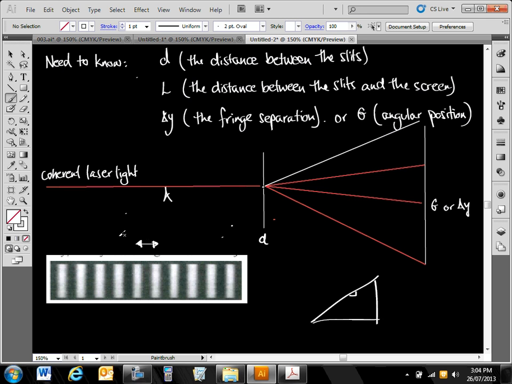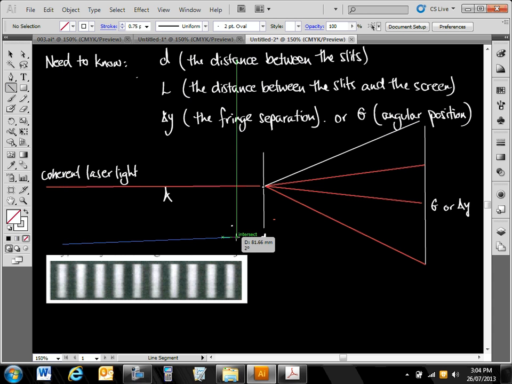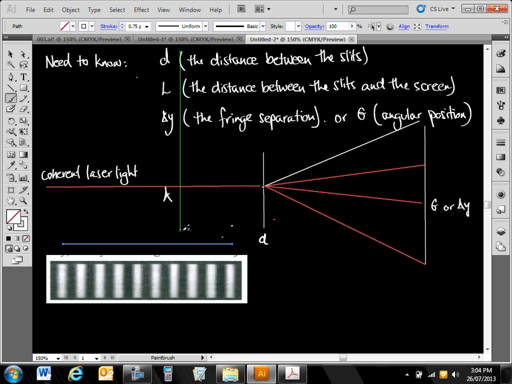So what if instead of just taking between two, I took as far as I could? Because we know they're all the same distance. The fringe separation is the same across the board.